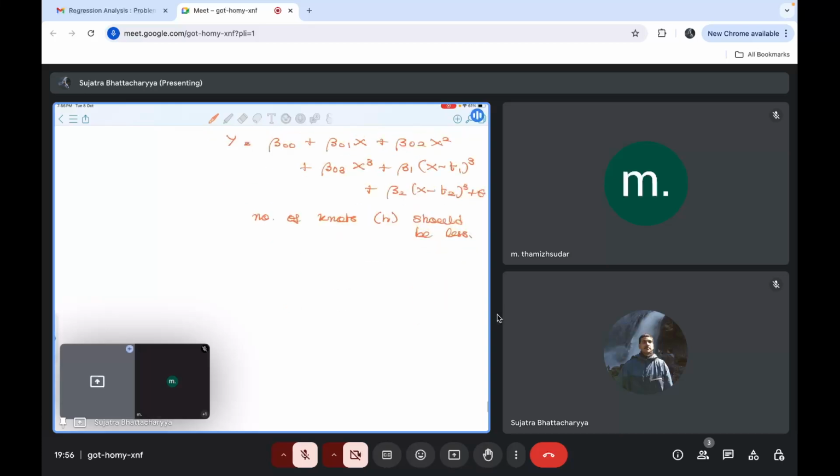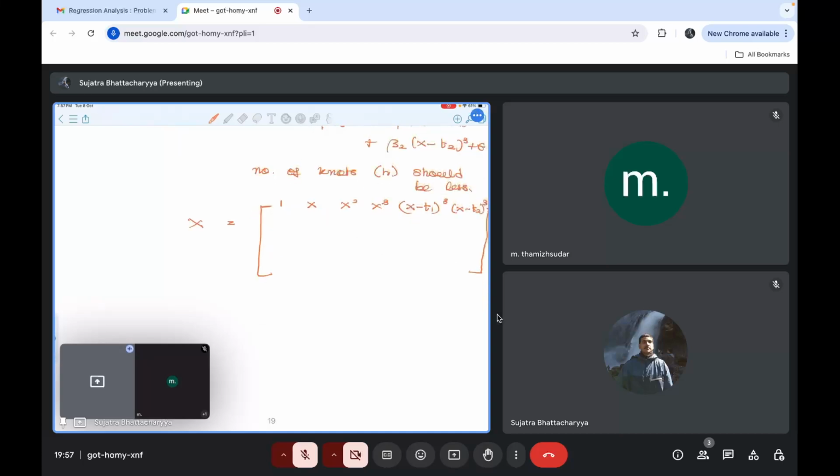Once you have this model, you can easily fit it in the same way we do in the multiple linear regression model. The columns will be 1, x, x square, x cube, then (x minus t1) cube and (x minus t2) cube. Based on this, you put the values, wherever there are zeros, somewhere there will be some value.